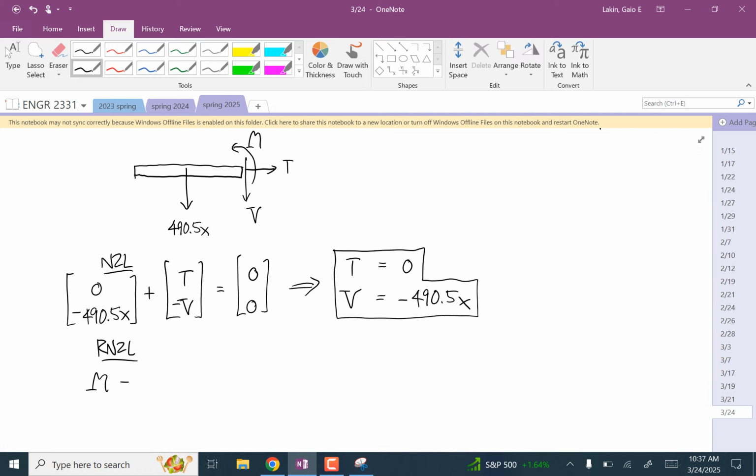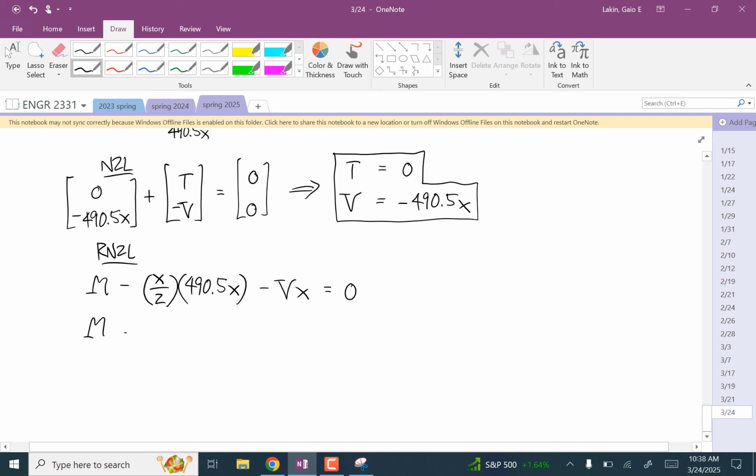Yeah. So go back up to the free body diagram. This is a negative moment of x over 2 times 490.5 x, and then minus Vx is equal to 0.